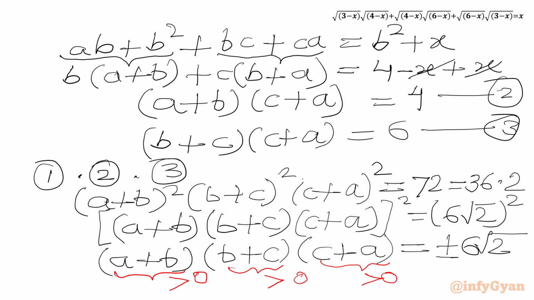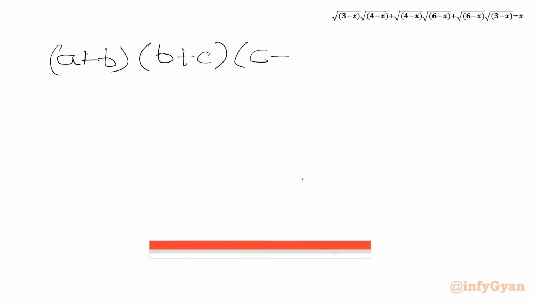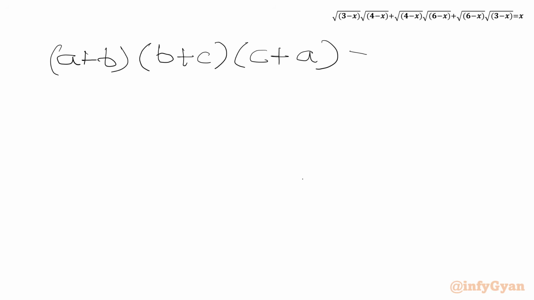Product of three positive numbers cannot be negative. So this minus sign will be rejected. Now we can write our fourth equation. A plus B times B plus C times C plus A equal to plus 6 square root 2. Equation number 4.